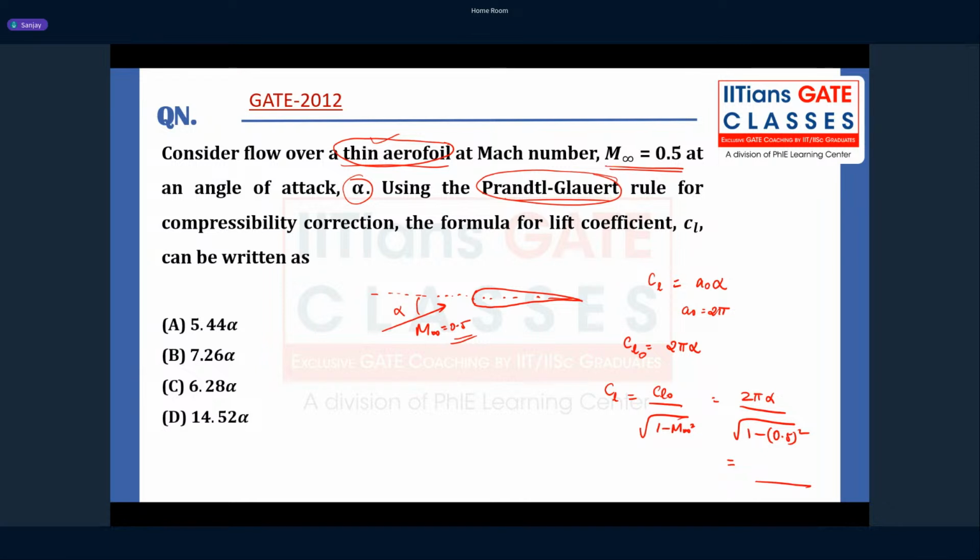What is the answer? Option B, right. So the answer is 7.26 alpha. Okay, so I hope you understood this question. Let's move to the next one.